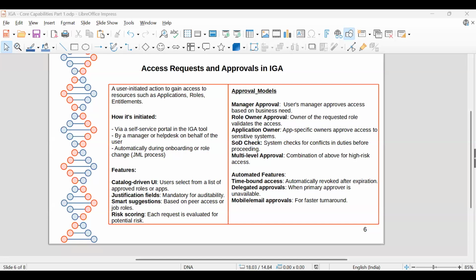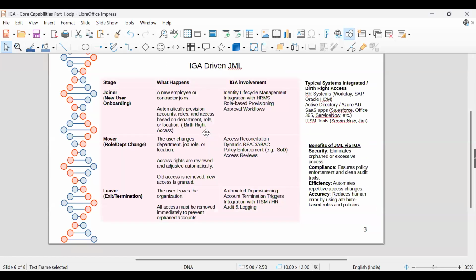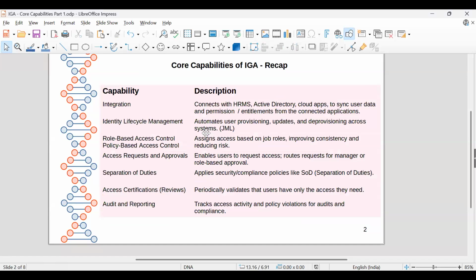Anybody can confirm that? Yes, Ashish, your screen is visible. Okay, so before we start, we have taken IGA core capabilities. Let me reshare my screen.